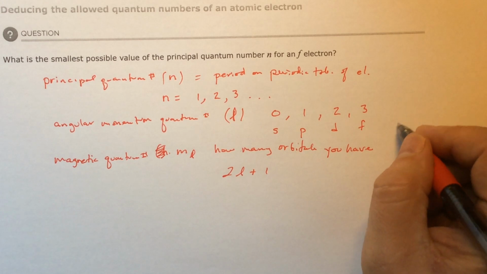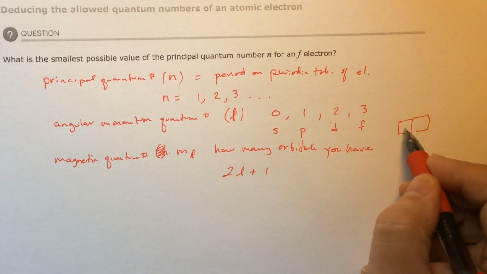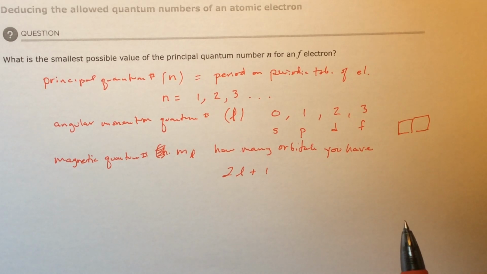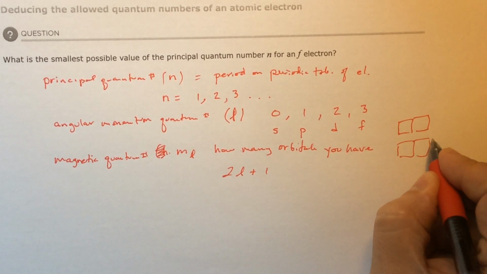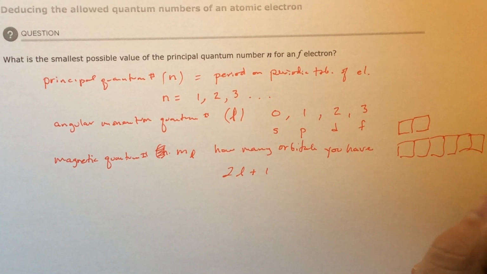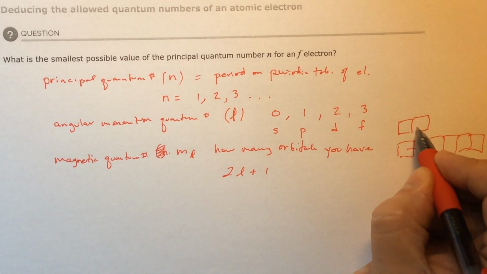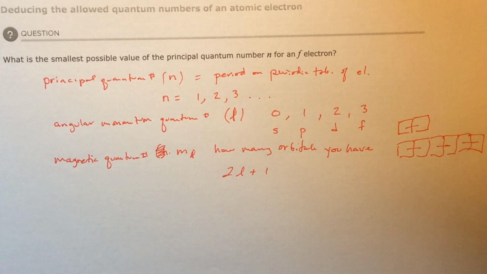So the S subshell only has 2 electrons in it, in that one orbital. The P has 6 electrons. That means this is 1 orbital, that's an orbital, that's an orbital.